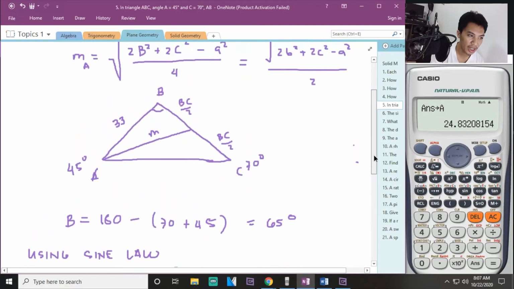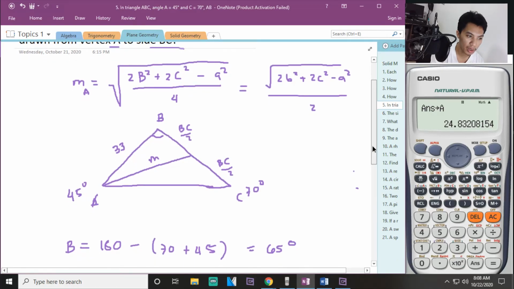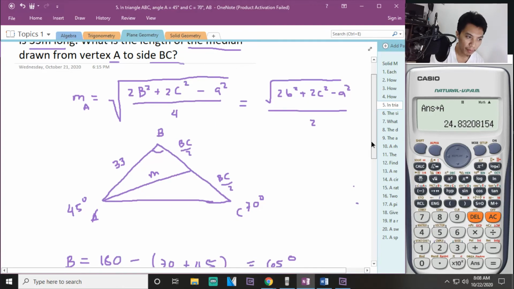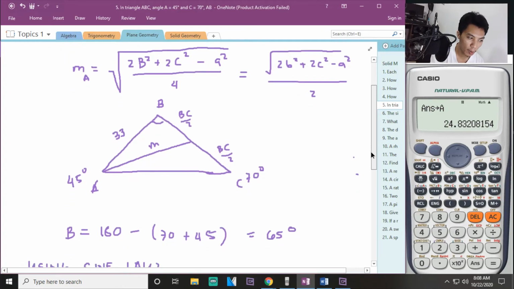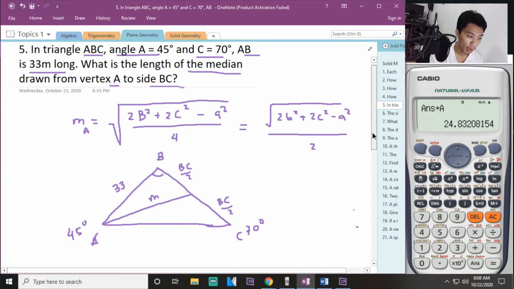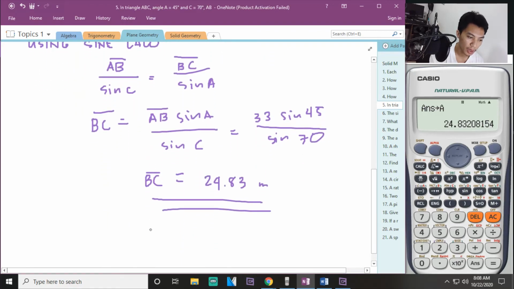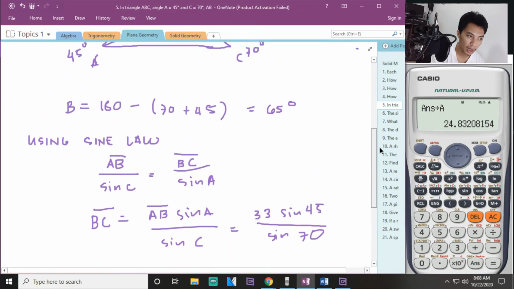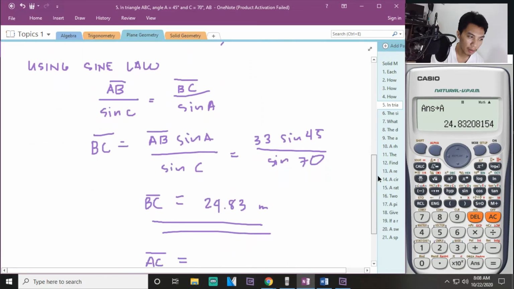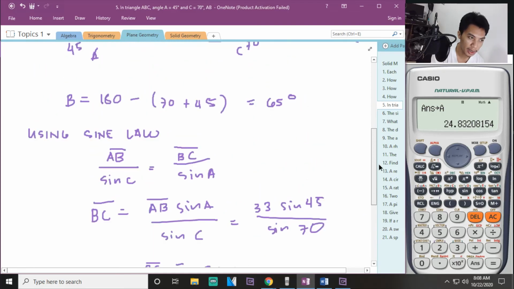Now, ang hinahanap natin is yung wala pa tayong isang side. Median. So, meron na tayong BC, AB meron na tayo, wala pa tayong AC. Hanapin natin si AC. So, side AC will be equal to AB over sin C. Ano yung katapat ni AC?